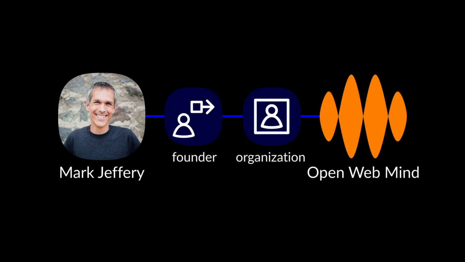For example, if I changed it from organization to corporation, foundation, community, or university, for example, me, founder, corporation, OpenWebMind, it would tell you what kind of an organization OpenWebMind is, but that's not the point here. The point of the hyperedge is to define the relationship between me as a founder and OpenWebMind as an organization, not to define what kind of organization OpenWebMind is, or what kind of a founder I am.